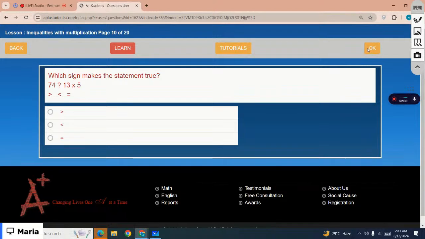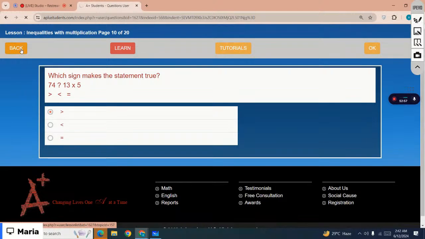Which sign makes the statement true? 74 and 30 times 5. Greater it is. Option number 1 is the correct option. Okay, you can complete the lesson by yourself later today.